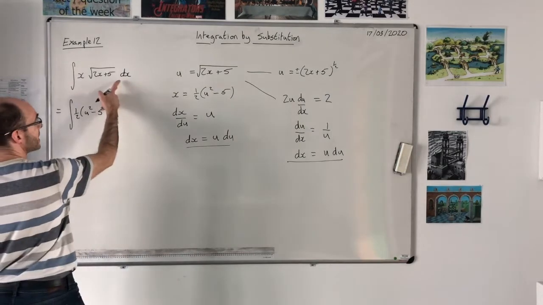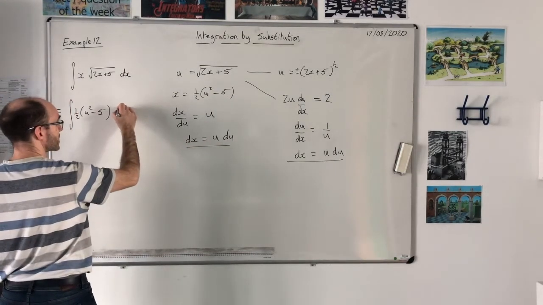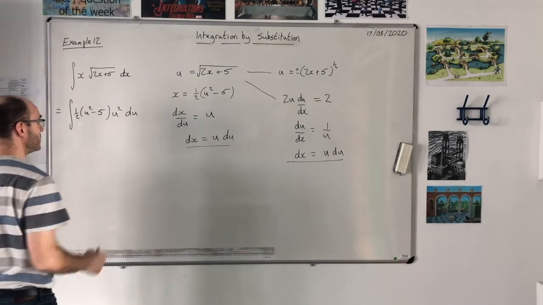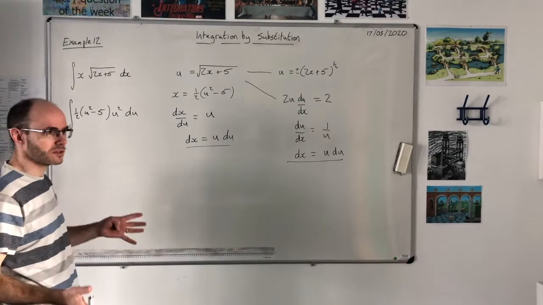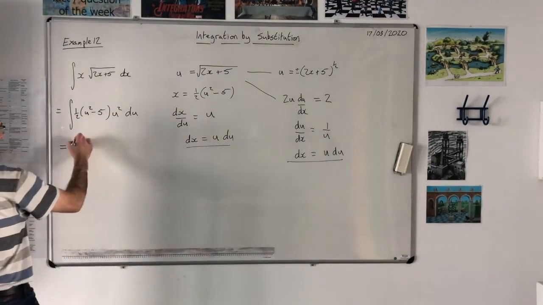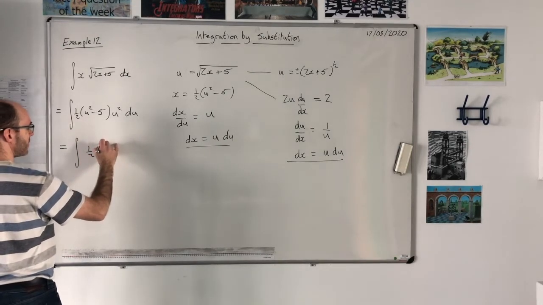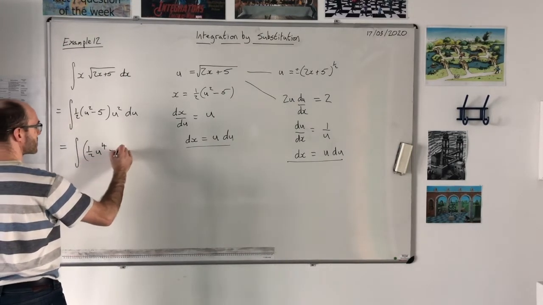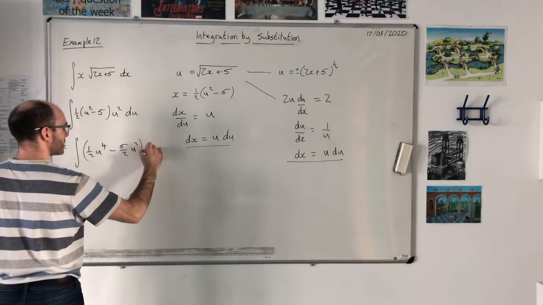And then this bit here is going to be dx, which is u du, so that's going to be u squared du. Obviously it looks slightly different from the first example because we're doing a different substitution. Let's expand the brackets, see what happens. So 1/2 u to the power of 4, subtract 5 over 2 u squared du.